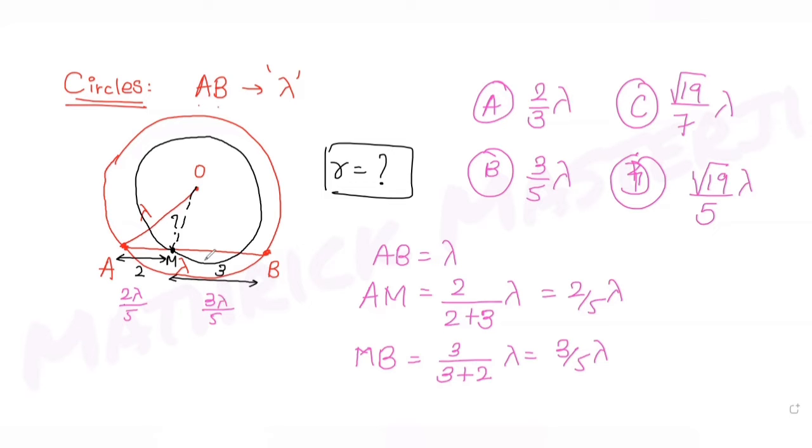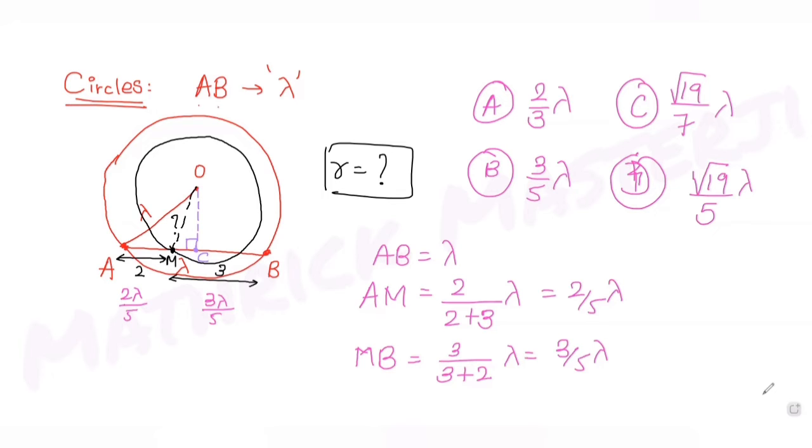Now one more idea: if I draw a perpendicular from the center of the circle to the chord, let's do one construction. I'm drawing a point C from center O of the circle to the chord, perpendicular to this chord. We know that when a perpendicular is drawn from the center of a circle to the chord, it bisects the chord.